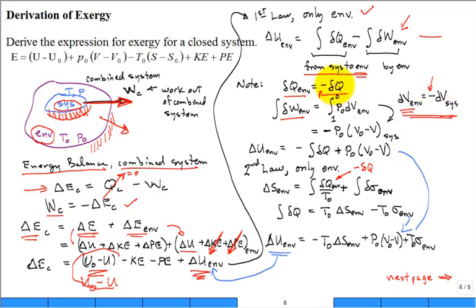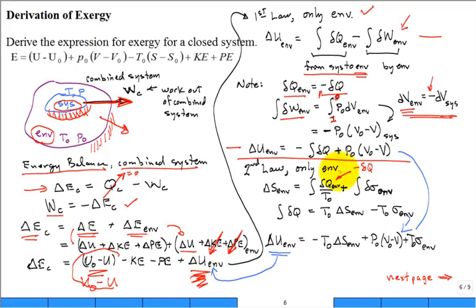So you convert this boundary work of integral P dV to minus P0 (V0 minus V). Notice that you start from state 1 and end at the dead state, which is a little tricky on the subscripts. So we now have, from the first law, the change in the internal energy of the environment is equal to this. Doesn't that look good?